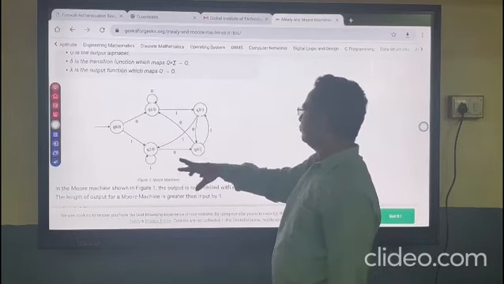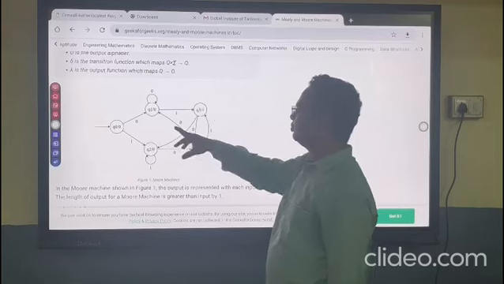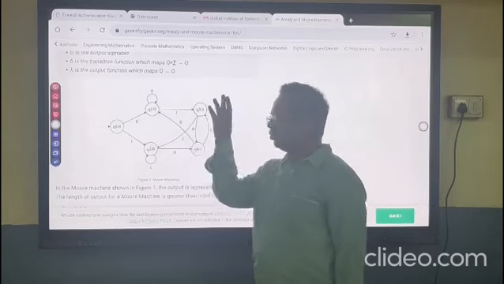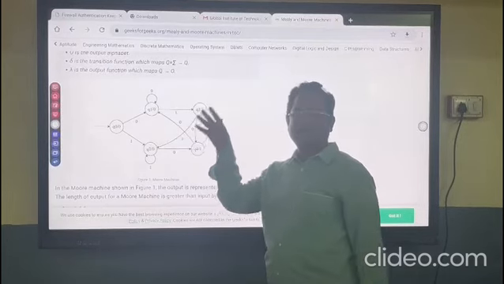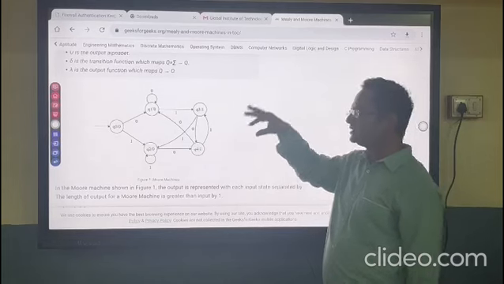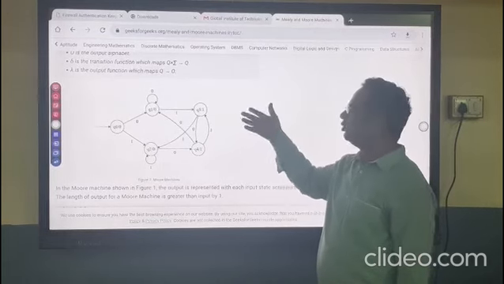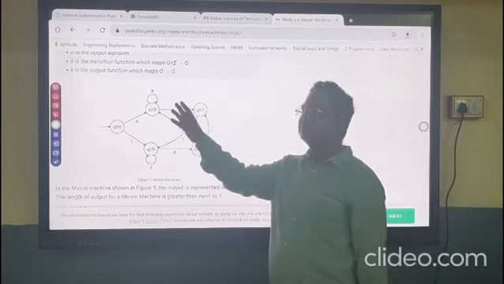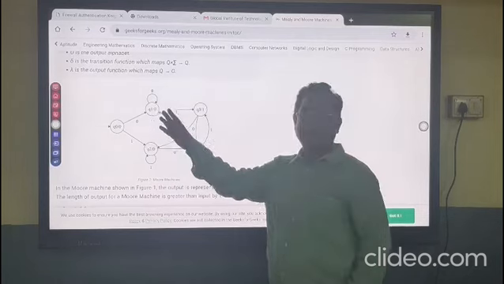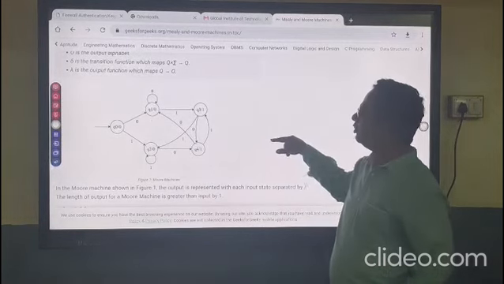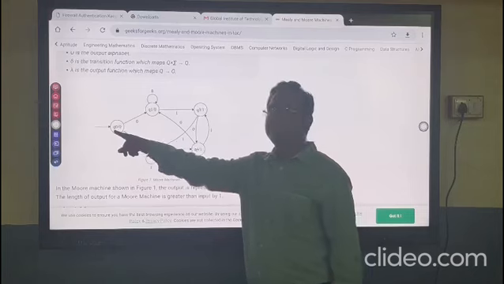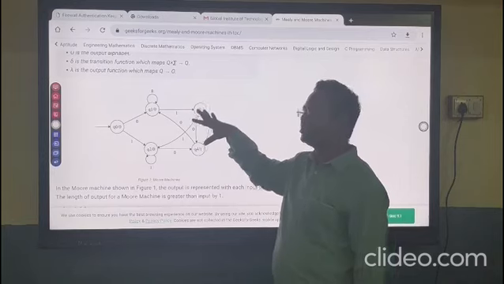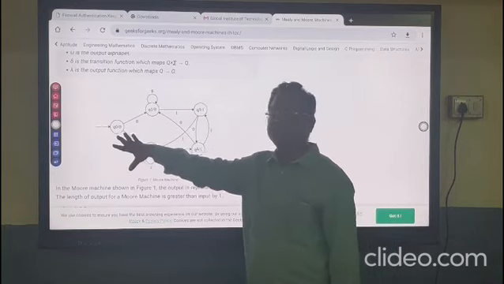Here are the 5 states: Q naught, Q1, Q2, Q3 and Q4. All these states change either to themselves or to the next state depending on the input symbols. Here the input symbols are 0 and 1. So Q naught is the initial state. How will we know which state is the initial state?